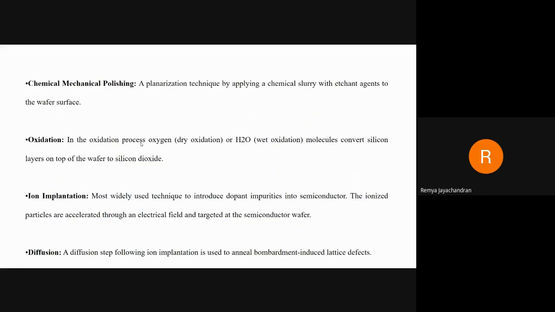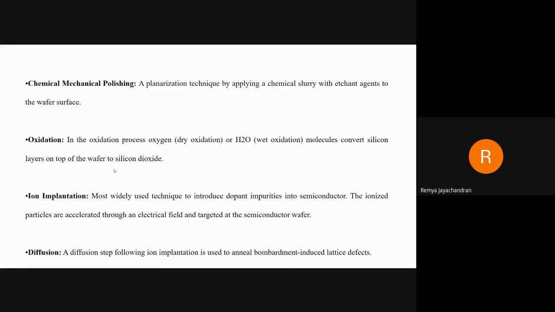Then the chemical mechanical polishing, that is a planarizing technique. After the photolithography and etching process, we have to polish the surface. We have to remove the unwanted materials from that. For that purpose, we use the chemical mechanical polishing.